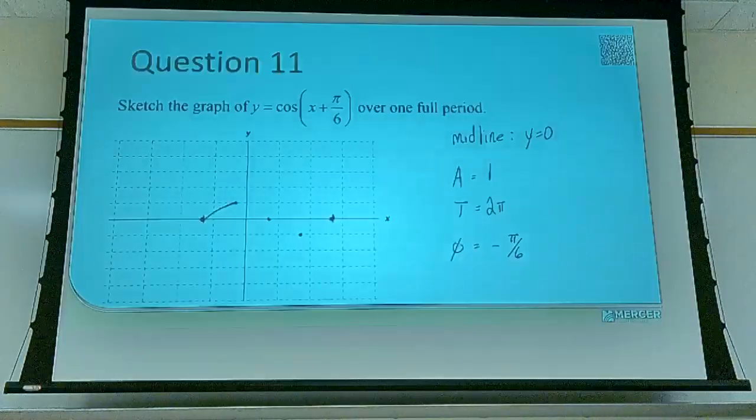Root 3 over 2. Root 3 is, what is it, like 1.7? 1.8, somewhere around there. So it's going to be a lot higher up than root 2 over 2 would be, but not quite 1, so it should probably cross maybe right about there. That would look good.